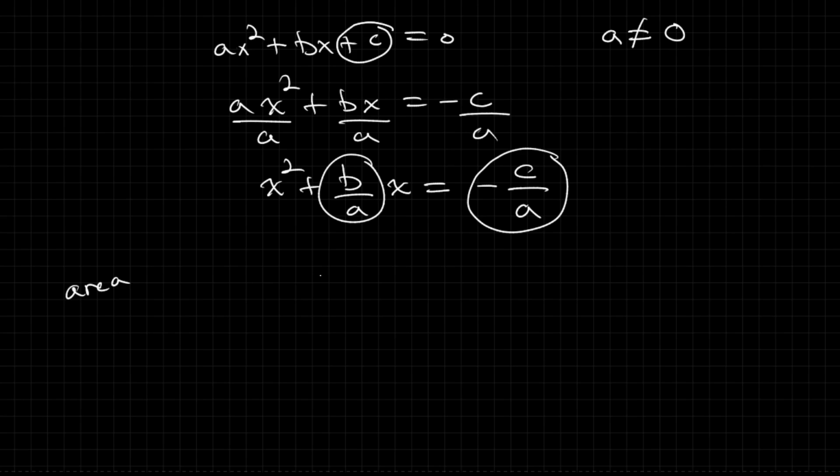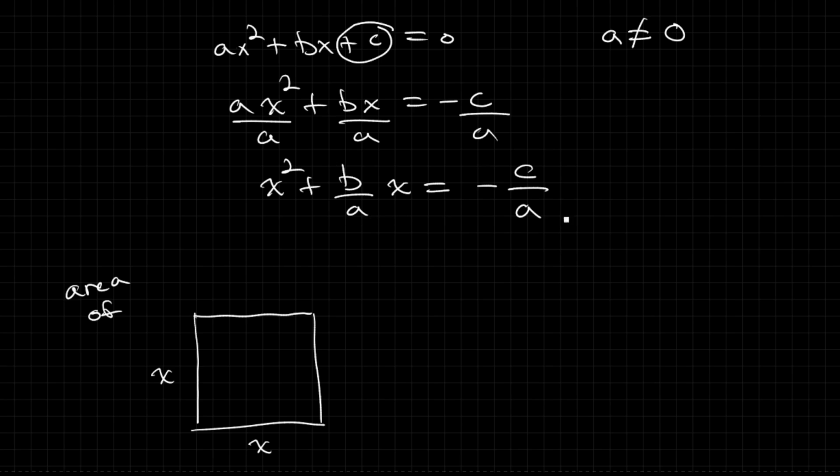So now that we have that, let's go ahead and draw our geometric interpretation. So the area of x squared, that's a square with side length x, plus the area of b over a times x, so that's going to be a rectangle, b over a, and the area of this has to be equal to negative c divided by a.